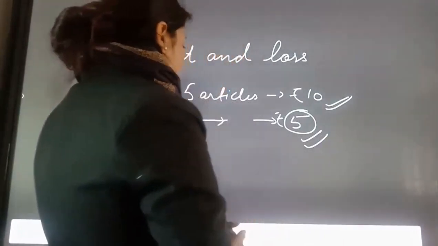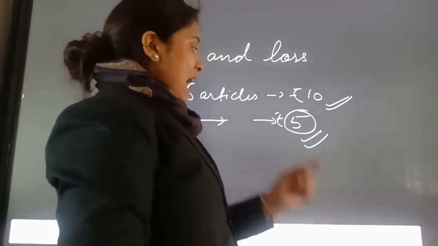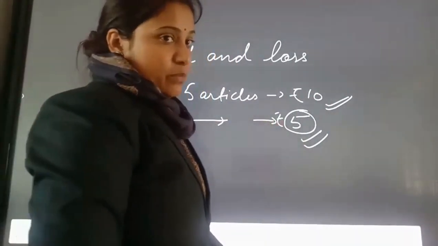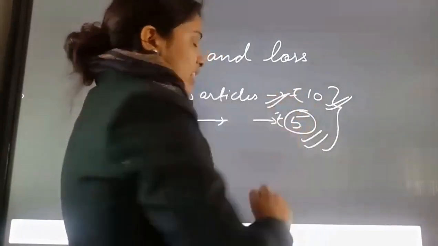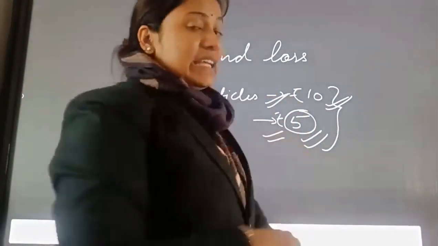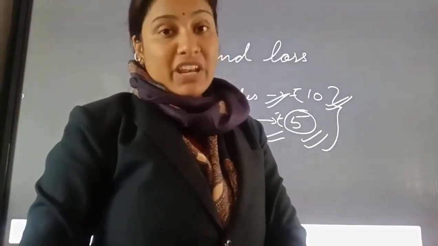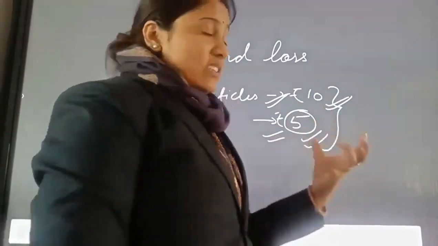Now, here we have 10 rupees as the cost price and 5 rupees as the selling price. Can you see the amount at which you purchased the articles was more and the amount at which you are selling it is less? So, definitely you suffered a loss. So, what is the loss?